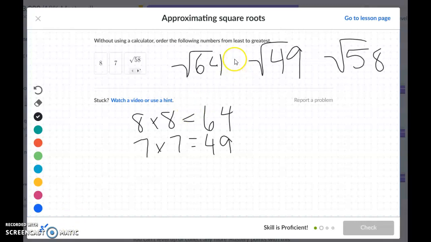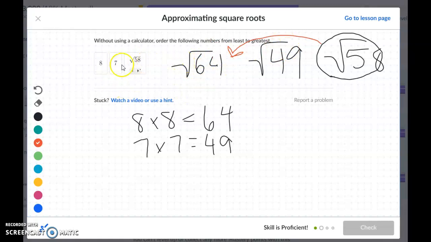I know that the square root of 64 is 8. I know that the square root of 49 is 7. And this one right here, I should have used a different color, goes right in between them. When it says from least to greatest, I actually did the opposite. I did greatest to least.